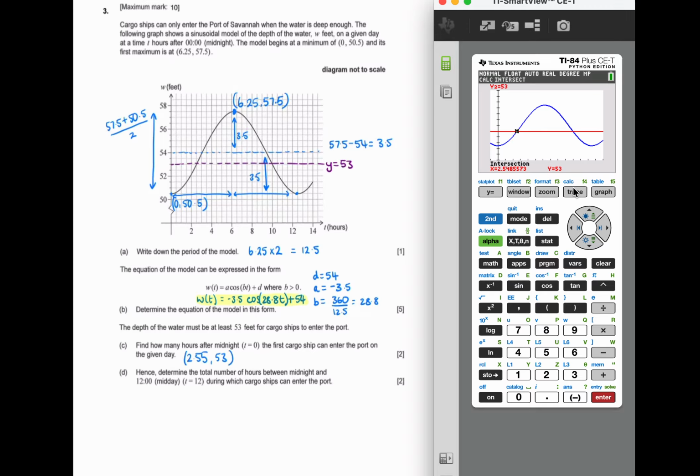So that's that first coordinate. Now this question just says find how many hours after midnight the first cargo ship can enter. So the time is 2.55 and it's already written in terms of hours. So it's just 2.55 hours after midnight, because it asks for it in hours after midnight.